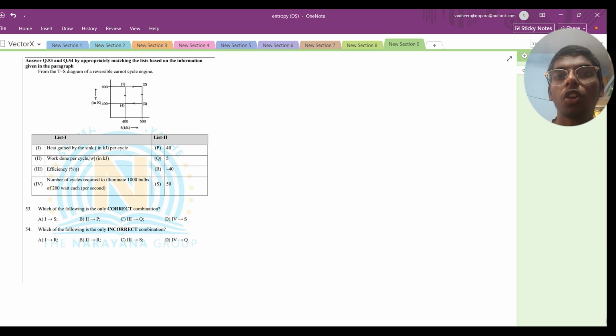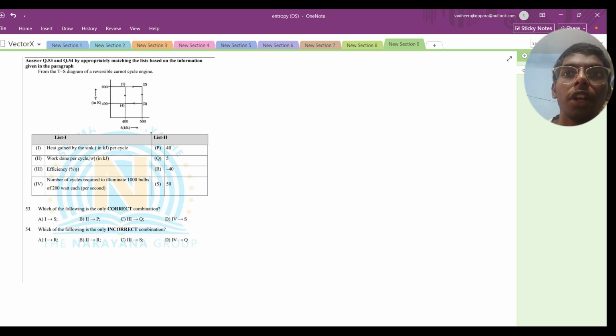Now if temperature is constant, we know that it's isothermal. If volume is constant, it's isochoric. If pressure is constant, then it's isobaric. And if the heat is constant, then it's adiabatic. If it's isoenthalpic, then the temperature will be constant.